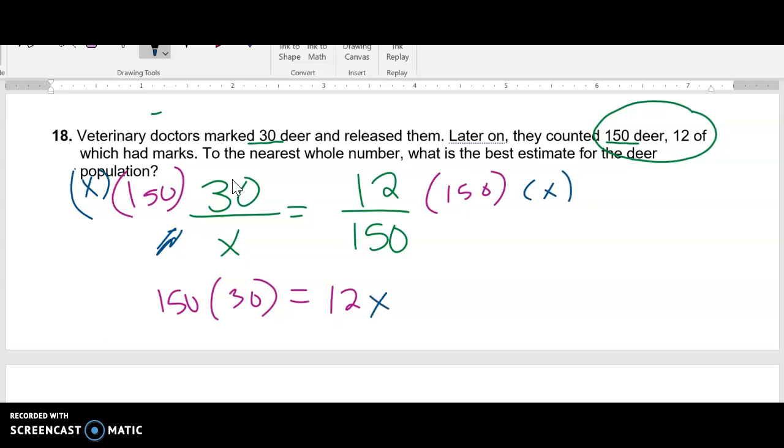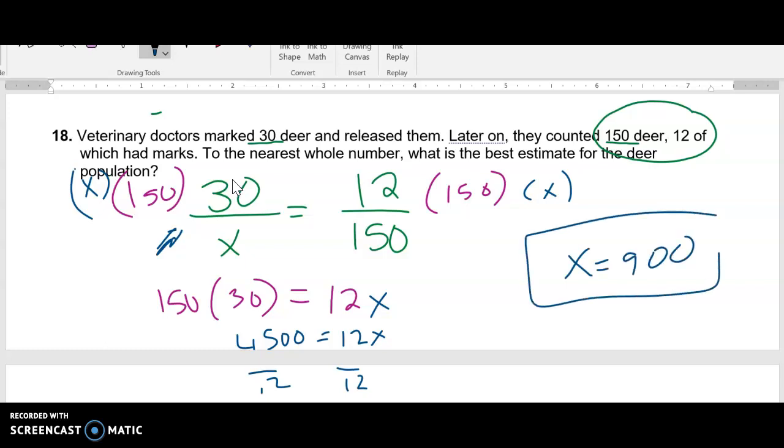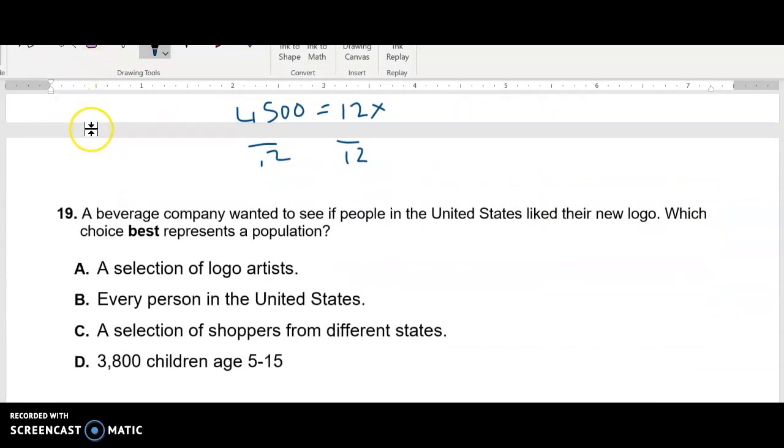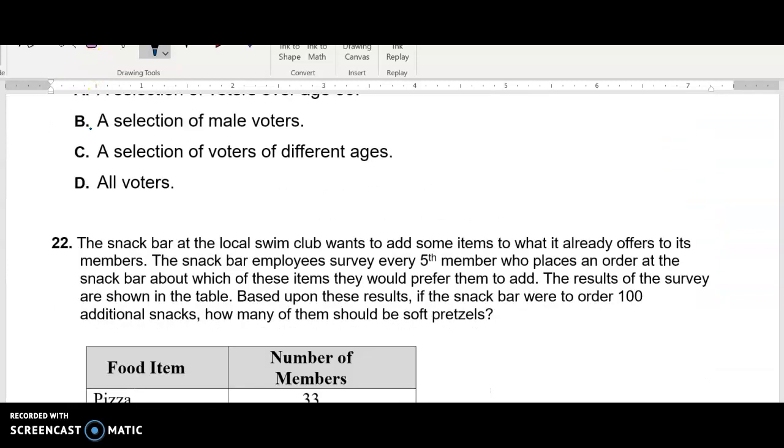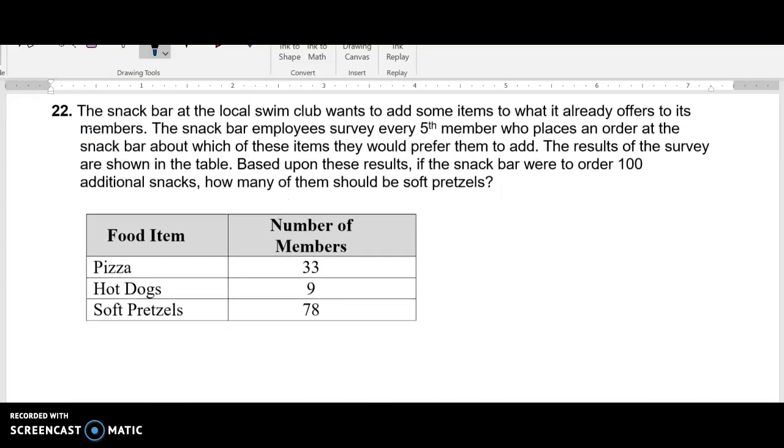So 4,500 equals 12x. Divide both sides by 12, and you get x equals 900. So this was my sample of my 900 population, where this is my 12 to my 150. Then we're going to continue on to question 22.